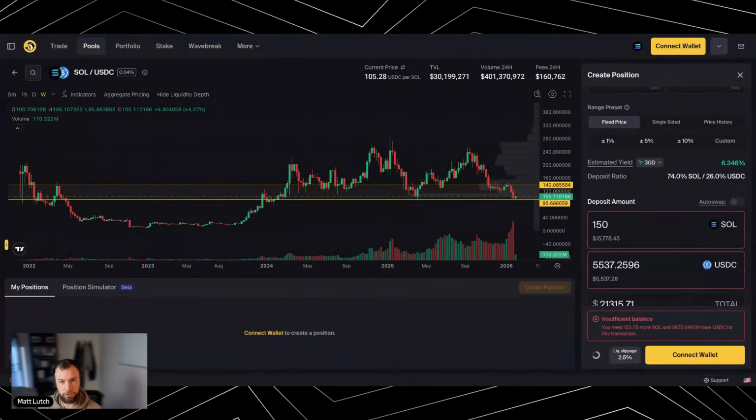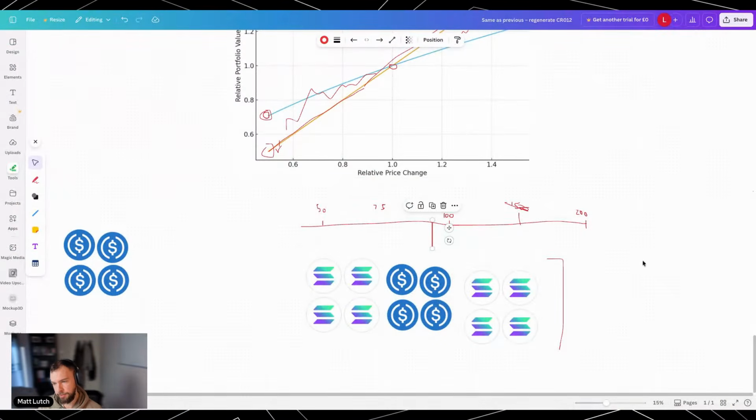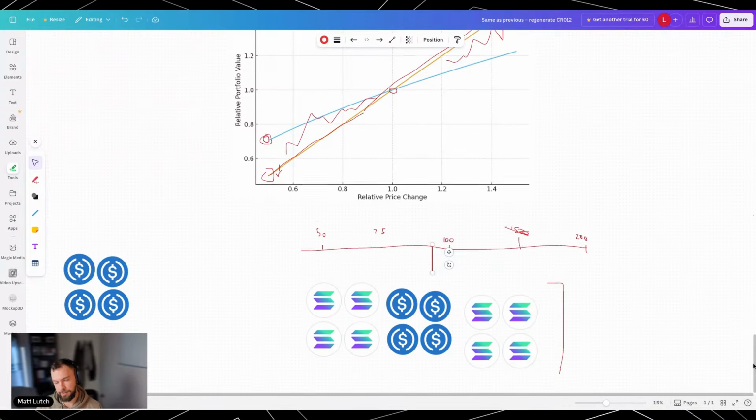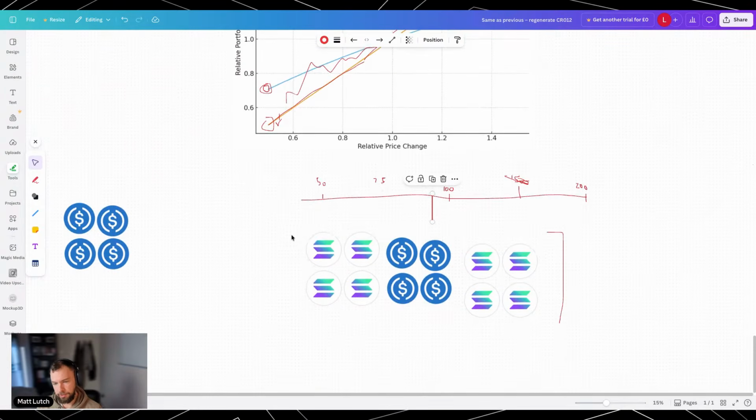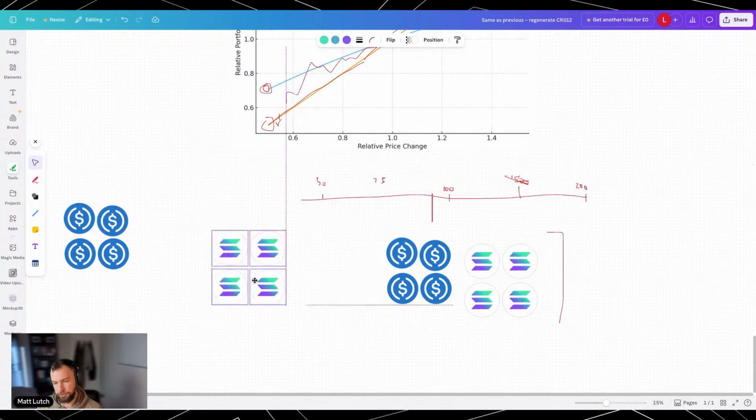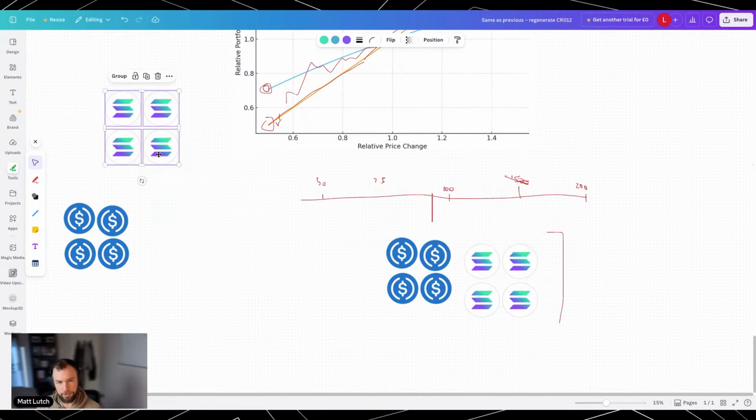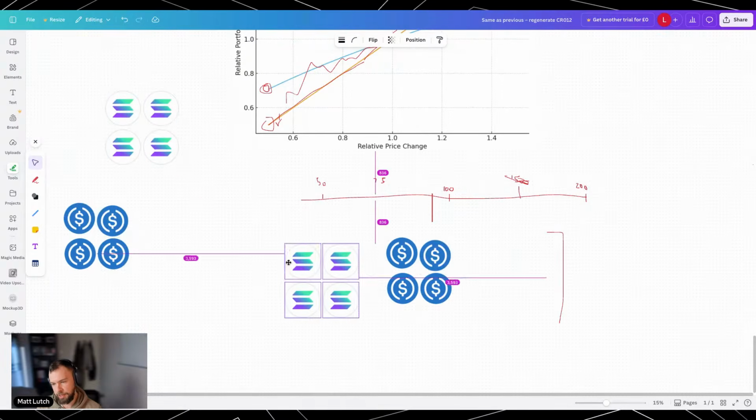So to kind of summarize with this, and I hope it wasn't too complicated, it's like if the price goes down, which is what people worry about most, you're literally going to hold the same asset anyway.